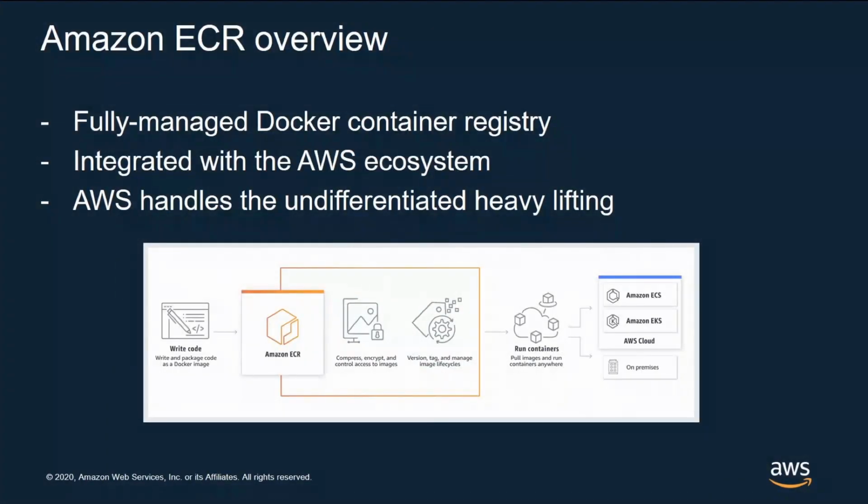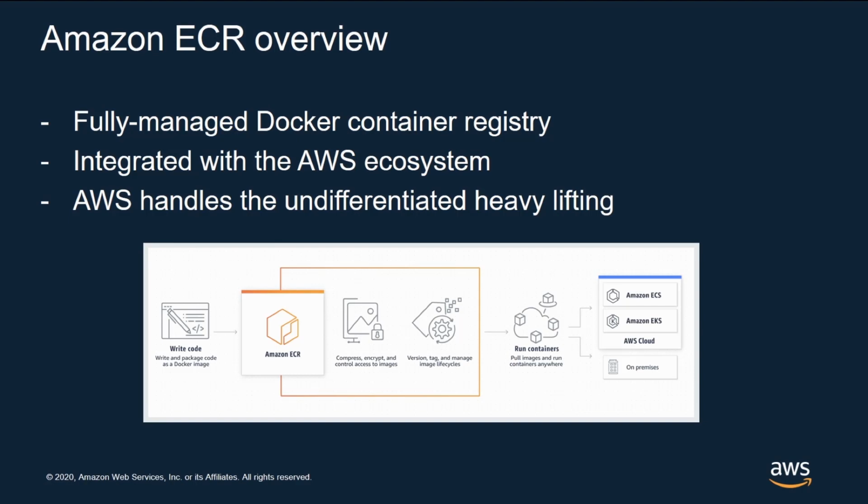Amazon Elastic Container Registry, or Amazon ECR, is a managed AWS container image registry service that is secure, scalable, and reliable. Amazon ECR supports private container image repositories with resource-based permissions using AWS IAM so that specific users or Amazon EC2 instances can access repositories and images.